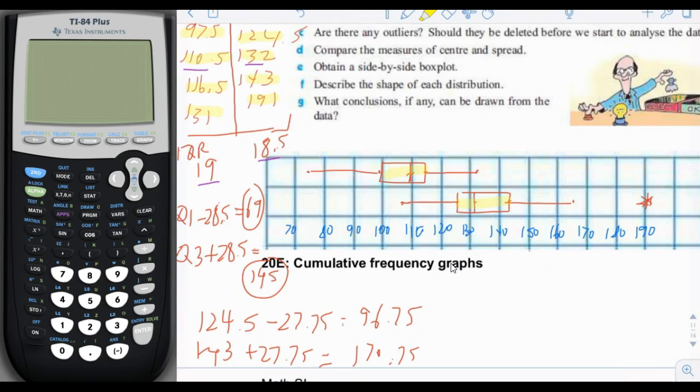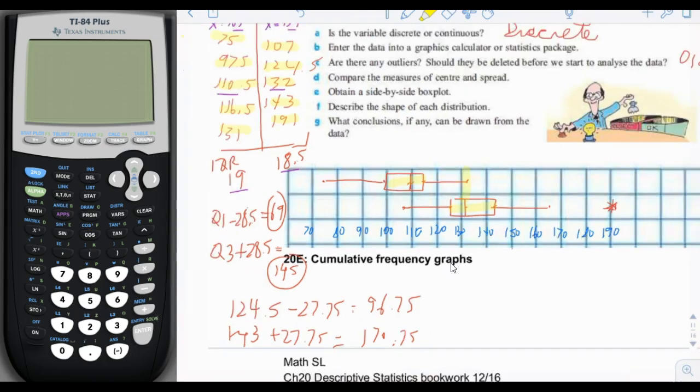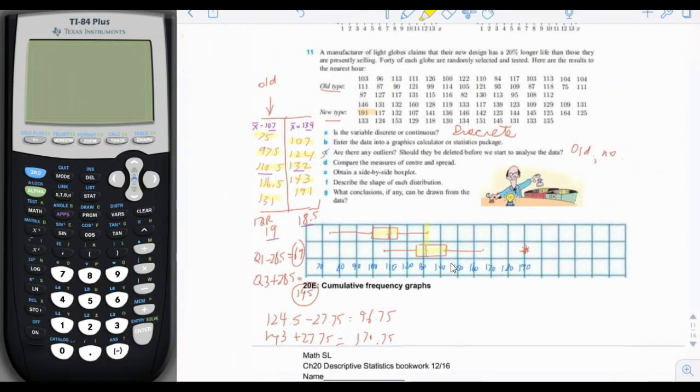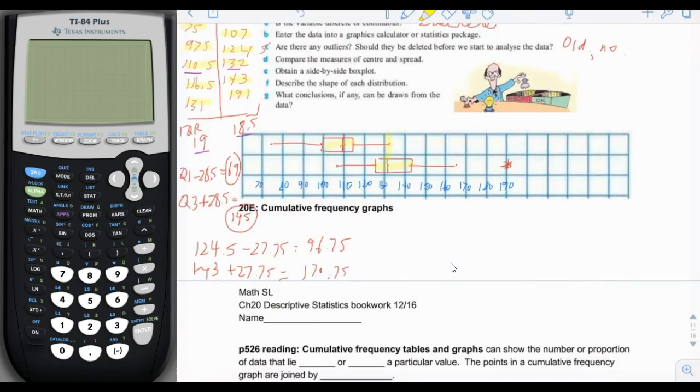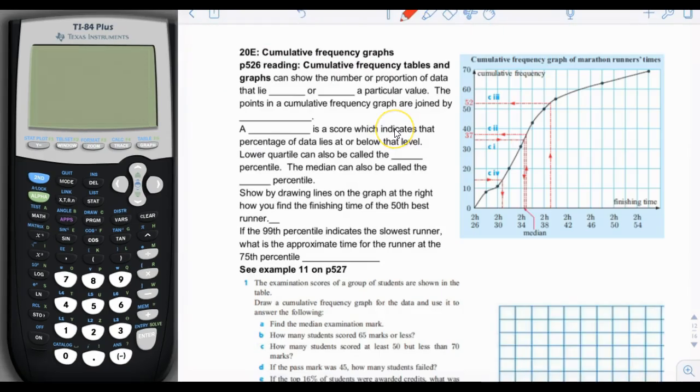And although there is some overlap, the new median is almost greater than the old maximum here. So there is a significant increase, I think. Okay. So I think that's pretty much it for this one. And the next page is 12.